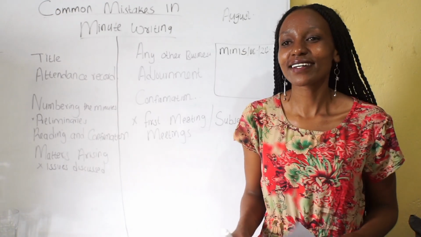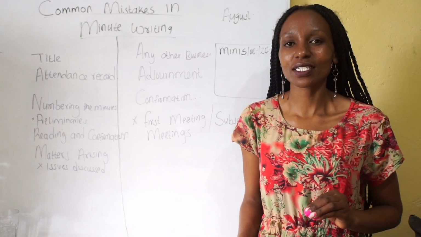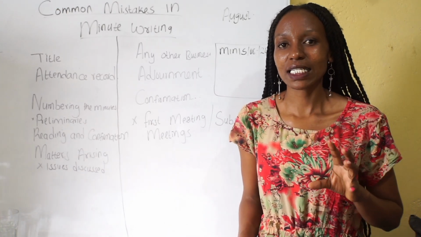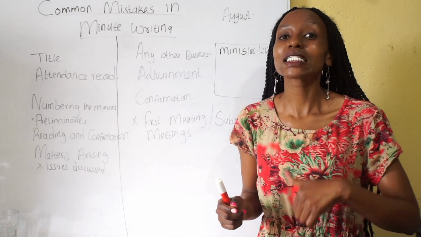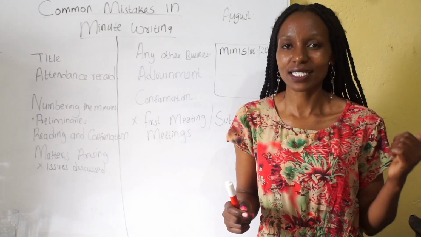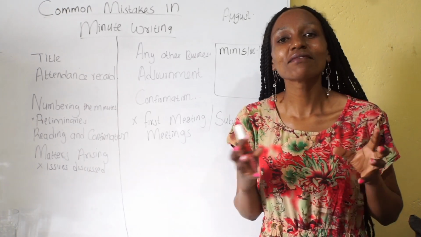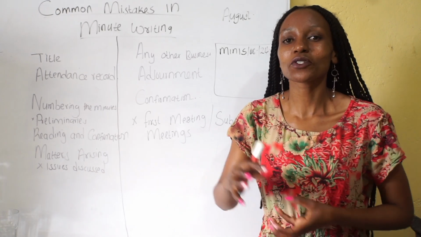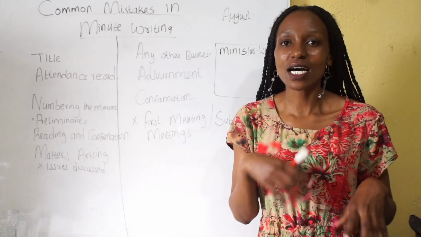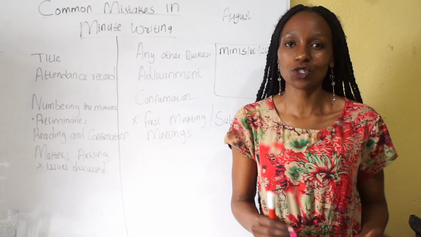There is the matters arising, an area that is majorly confused. This matters arising refers to the issues that were discussed in the previous minutes or in the previous meeting, but the solution was not found. The issues were not resolved. So in this meeting now, we seek to know more about the issues.